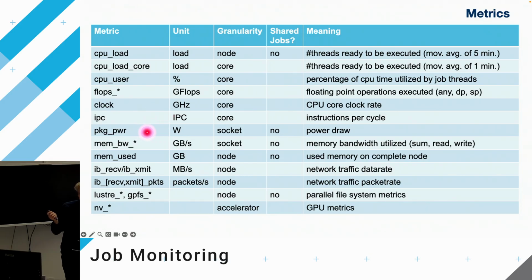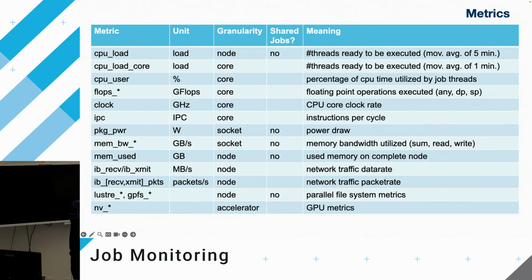the power draw. And what we also see here is network traffic, which is the raw network traffic, but we also have the parallel file system metrics here. So Lustre for Noctua 2 and GPFS for Otus. And these metrics are tied to the network metrics because the parallel file system is a network file system.